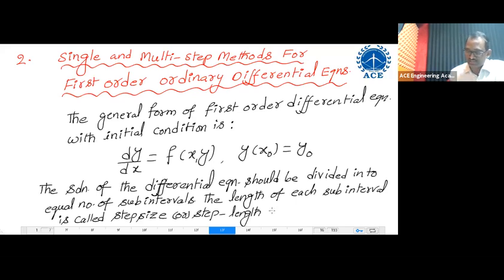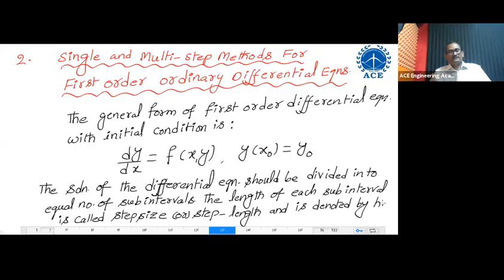Each subinterval length is called step size or step length, and is denoted by h. Every subinterval length is called step size.